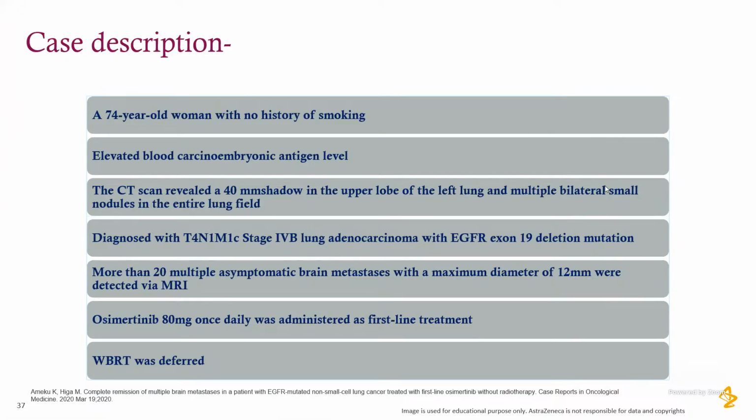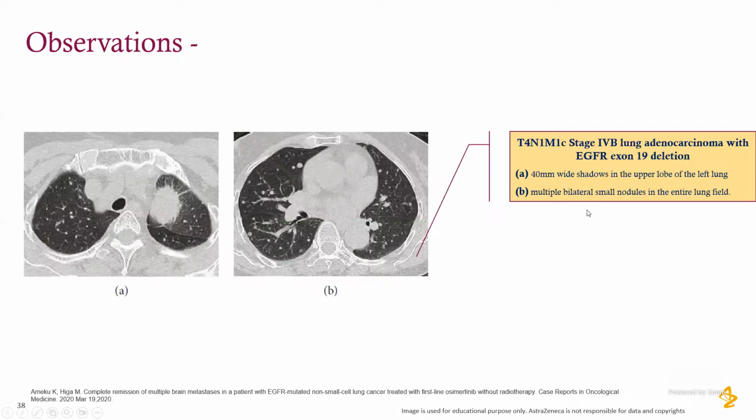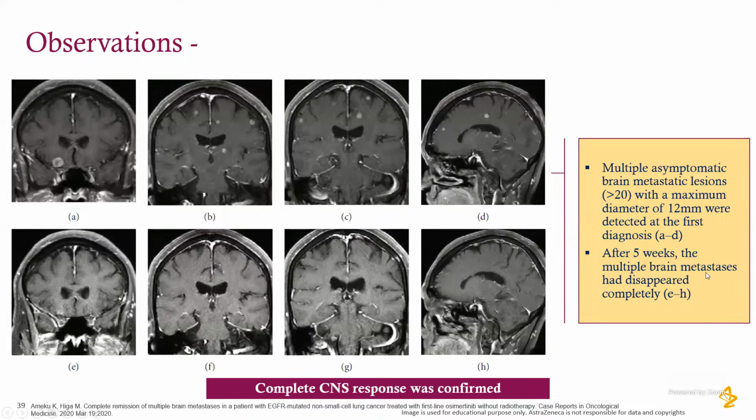A 74-year-old woman, stage 4 disease, exon 19 deletion mutation detected, with multiple brain metastases and lung metastases. Osimertinib was started, and after 5 weeks there is almost complete CNS response.